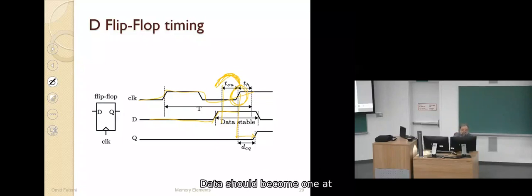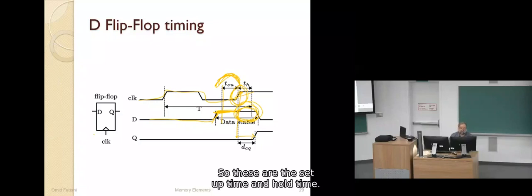The data should become 1 at some time more than the setup time before the rising edge of the clock. And after the rising edge of the clock, you should hold the data to work properly. So these are the setup time and hold time.